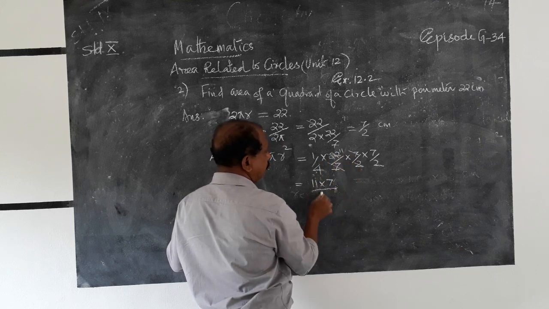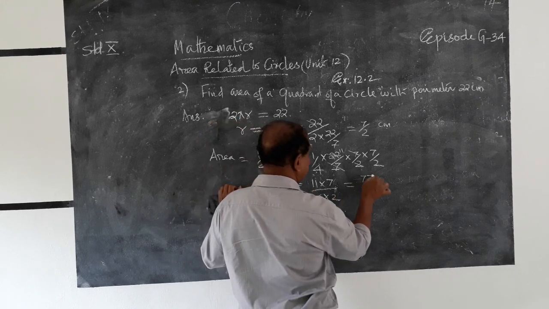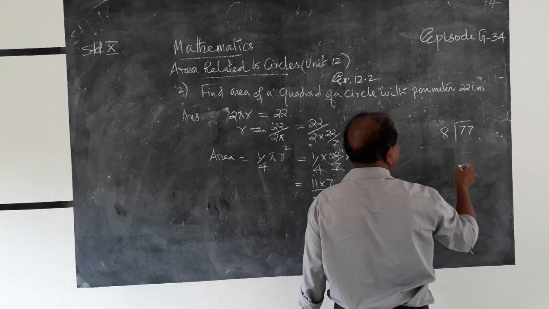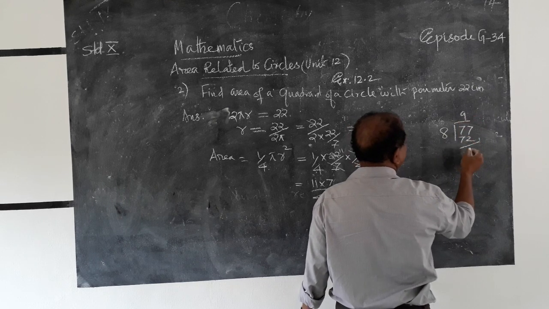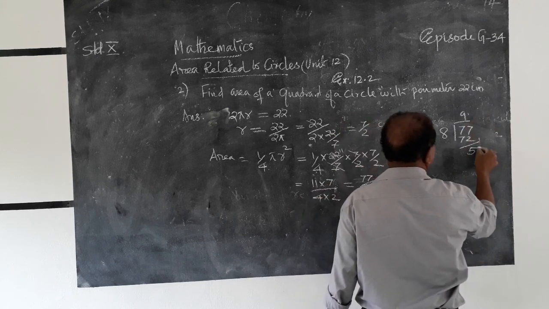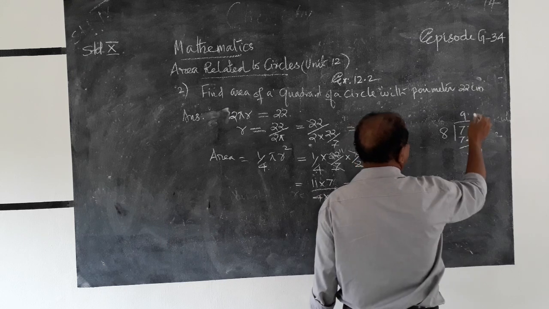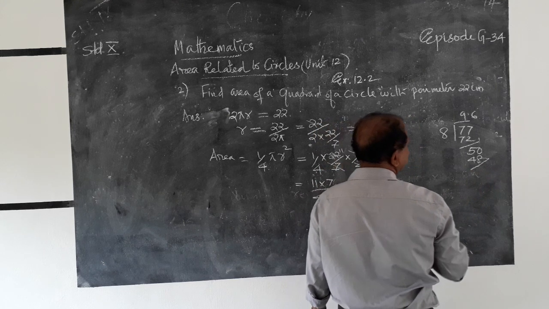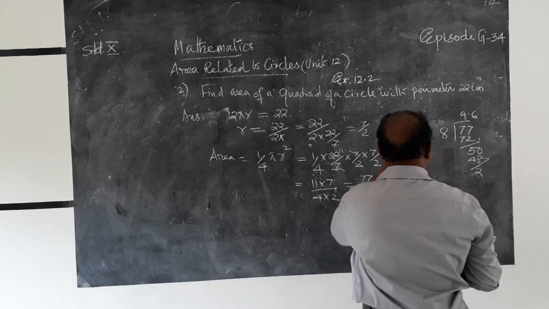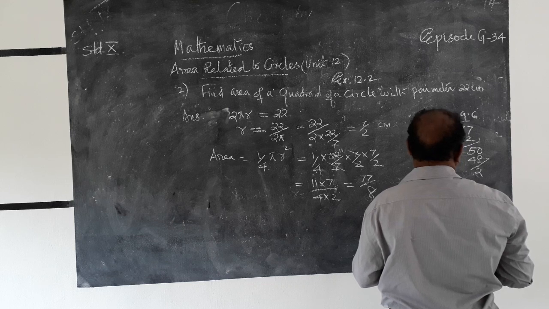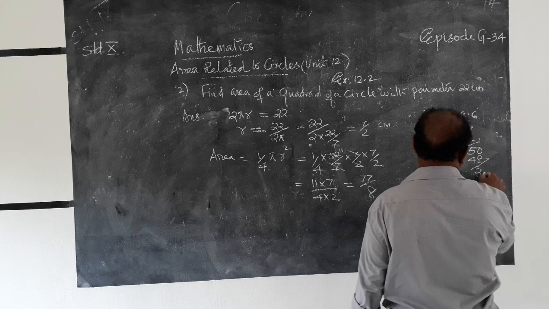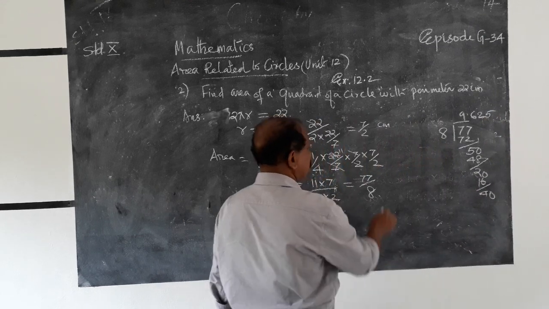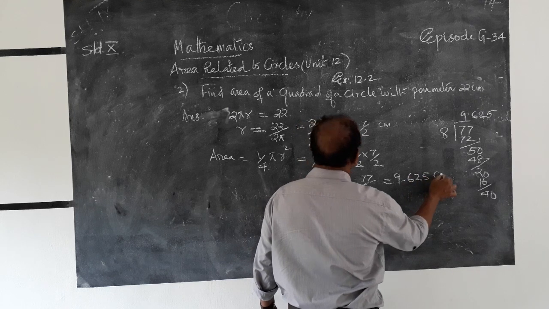That is 11 into 7 by 4 into 2, equal to 77 by 8. 77 divided by 8 is 9.625 centimeter square.